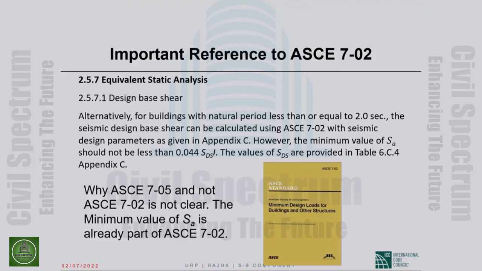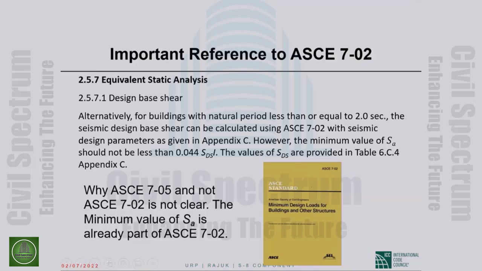Section 2.5.7.1 goes on to say, however, the minimum value of S sub A, the spectral acceleration, as you will see, should not be less than 0.44 S sub DS times I, the values of S sub DS, etc. Now, interestingly, that restriction, that S sub A shall not be below a certain value, is already built into ASCE 7-02.